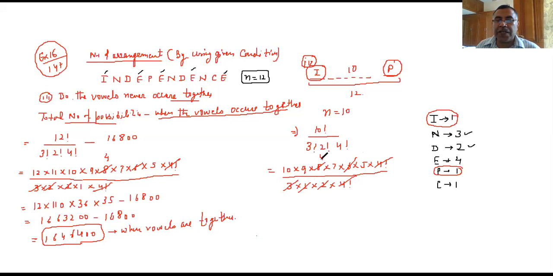So 9 × 4 is 36, 36 × 10 is 360, multiplied by 7 × 5, which is 35. So this is 12600 ways. So this many words we can get when place I and place P are fixed.